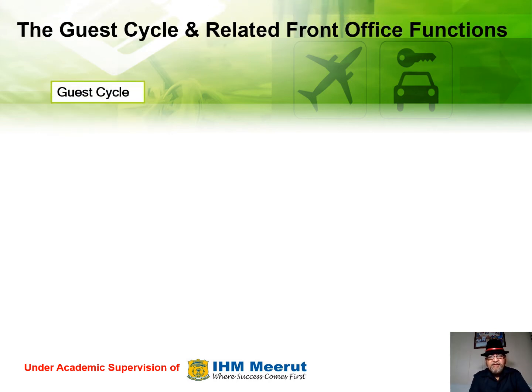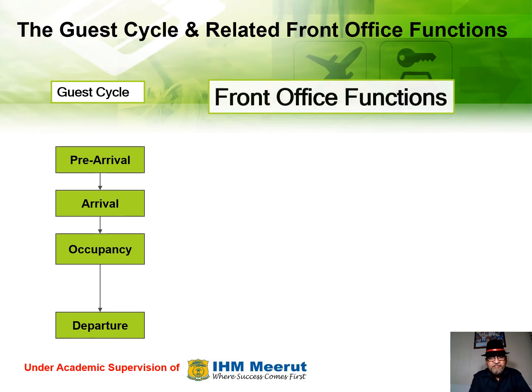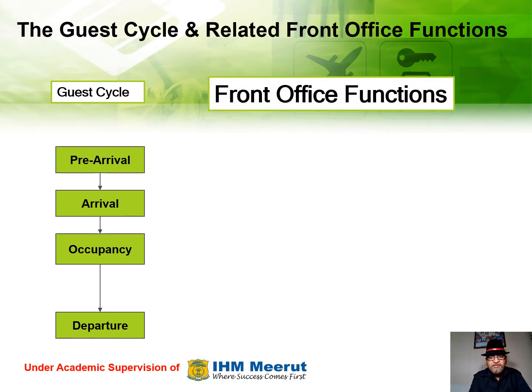This is the same thing explained in tabular form. The guest cycle: pre-arrival, arrival, occupancy, and departure. Front office functions during the guest cycle of pre-arrival, arrival, occupancy, and departure.